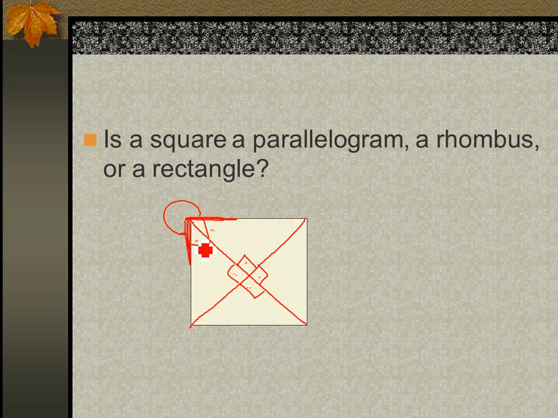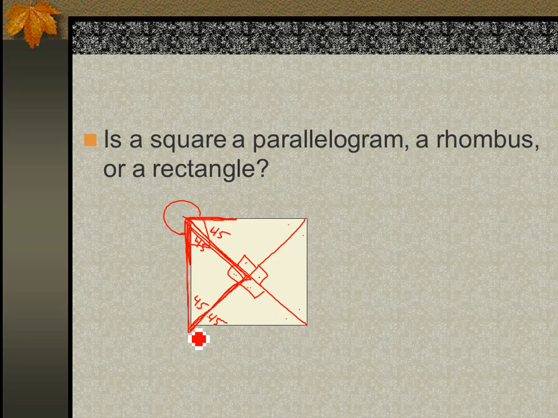Grab your calculator. That's why I had you get them out. They're each 45. How about these two angles down here? They're each 45. How about these two angles? 45. How about these two? 45. What kind of triangle is all four of these triangles? It's not just a right triangle now, it's a 45, 45, 90 triangle.